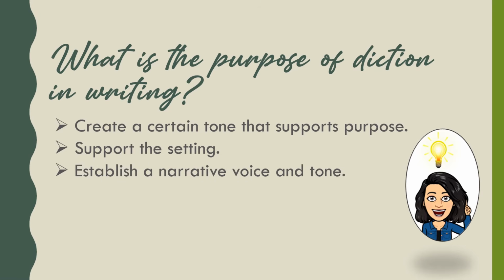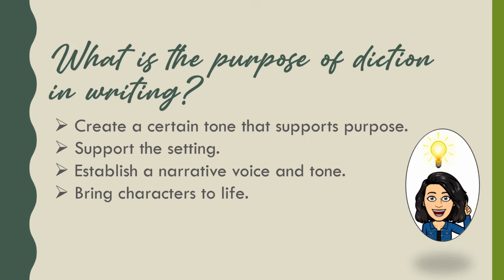Third, diction helps establish a narrative voice and tone. In telling a story or writing an article, the language must be consistent from beginning to end. So the writer has to choose a fitting diction to set the voice and tone of his piece.